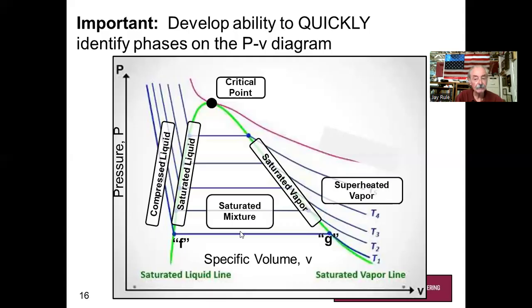Okay, so I hope you've been studying it while I've been jabbering. When you're on the left-hand side of this vapor dome, you are a saturated liquid. That would be like water right at the boiling point. It's no steam yet, water at the boiling point.